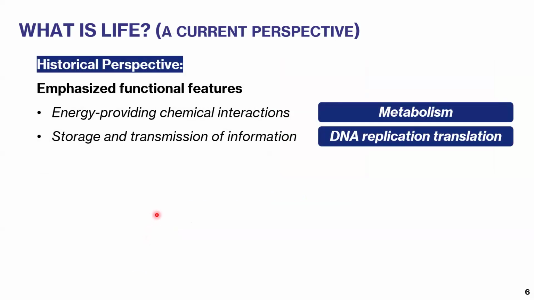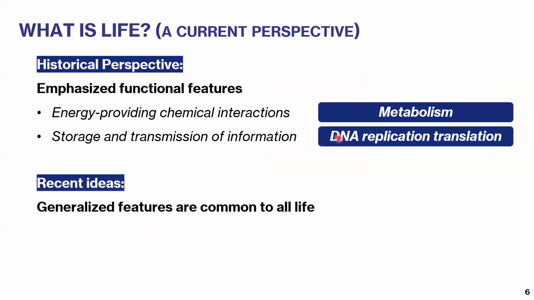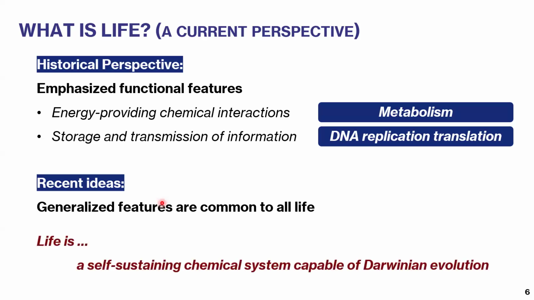Historical perspectives have emphasized functional features, such as chemical interactions and providing energy, that is metabolism, or the transmission of information, and use generalized features that are thought to be common to all life. The working definition of life that NASA uses is a self-sustaining chemical system capable of Darwinian evolution.